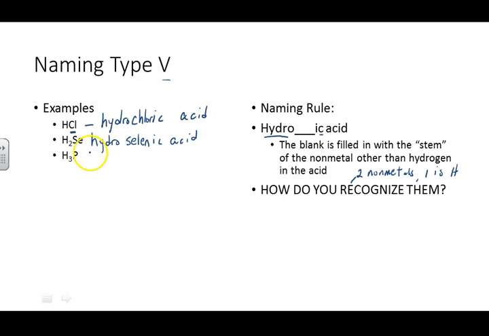H3P, hydro-ic acid. And this would be hydrophosphoric acid. And HI, hydroiodic acid. Hydroiodic acid.